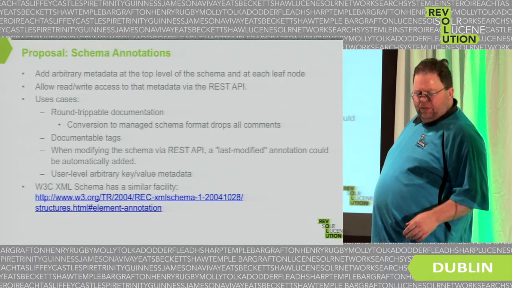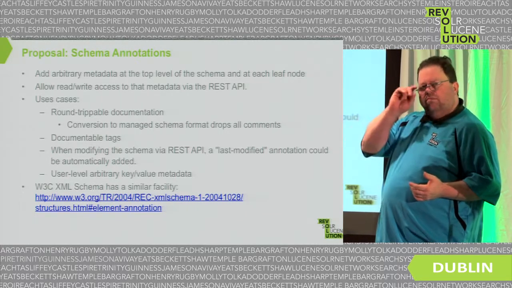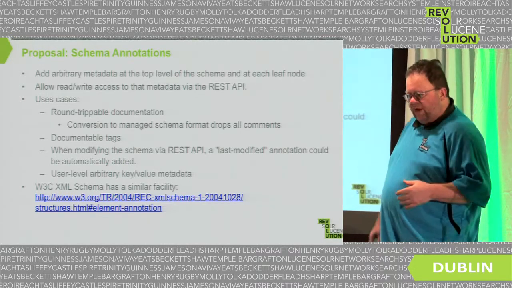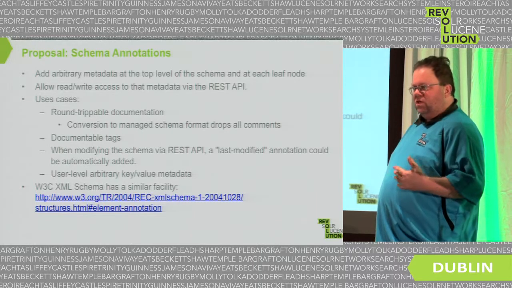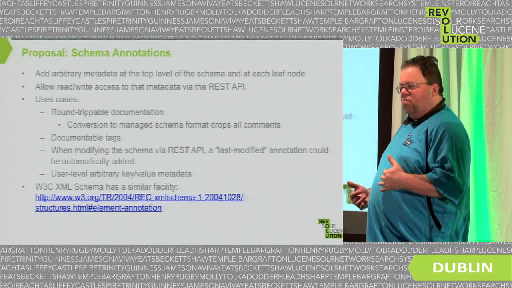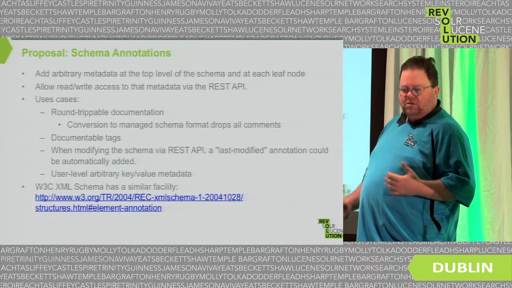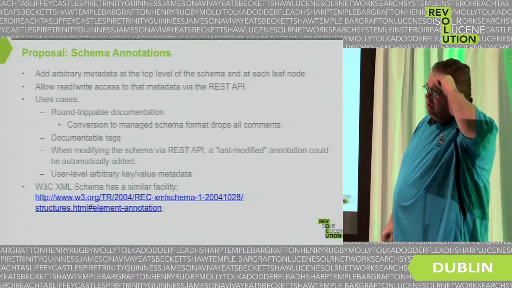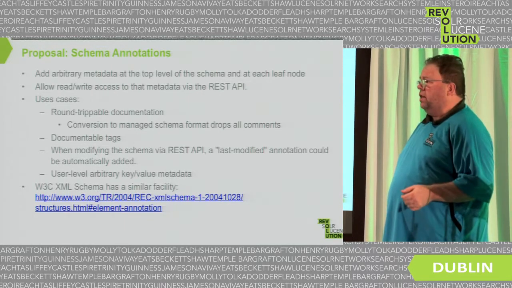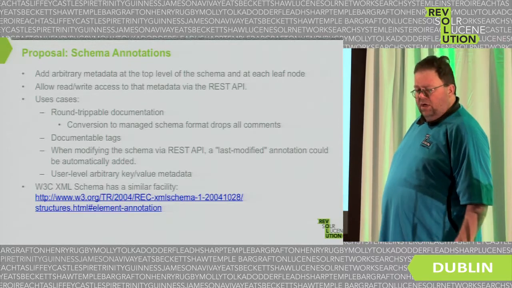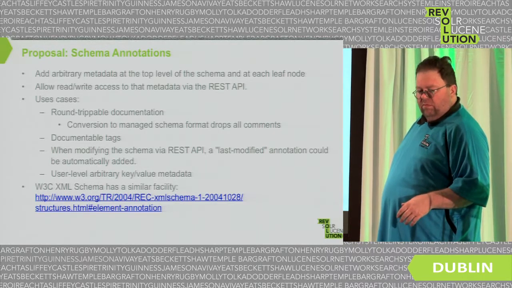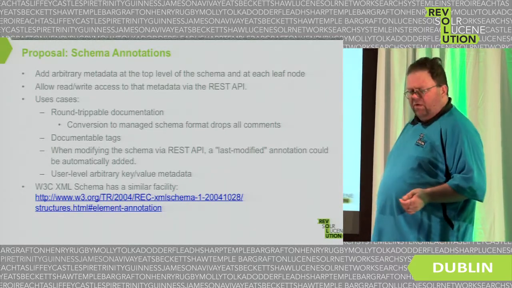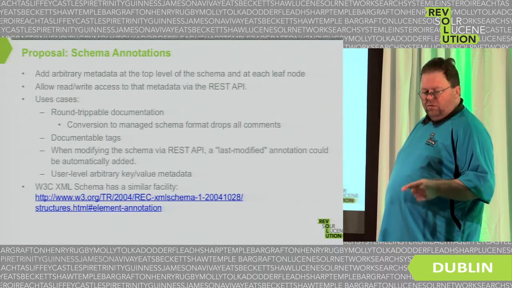On the Solr user mailing list, there were a couple of people who expressed alarm when schema parsing was tightened so that unrecognized fields caused parsing errors. What they were doing is that they were putting their own information on schema fields and field types, and then using that for their own purposes, but when schema parsing was tightened, I think in 4.4 or 4.5, that was no longer possible.